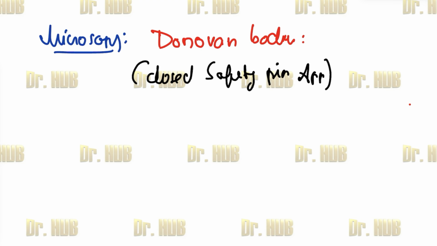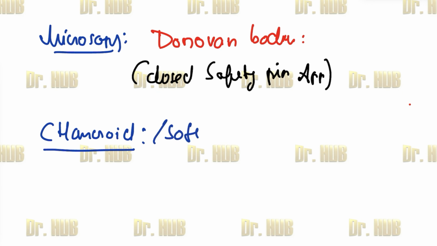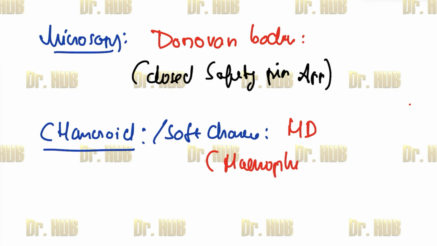Next, we move on to chancroid. Chancroid is also known as the soft chancre. It is caused by HD, which stands for Haemophilus ducreyi.